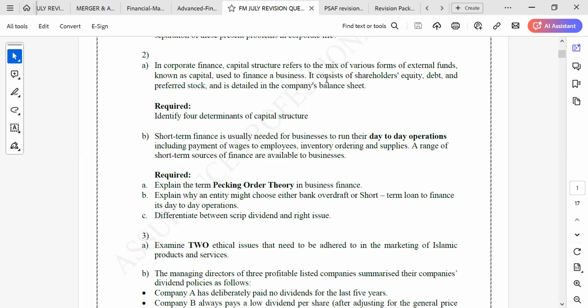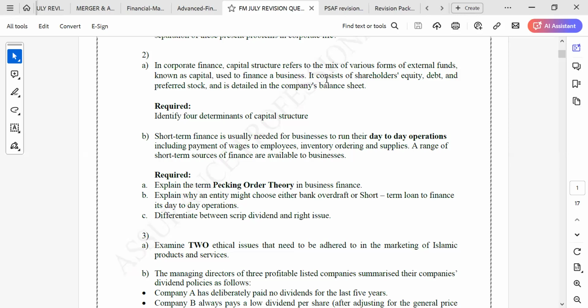The bank overdraft will have an effect on the company's operations, but they can also choose it because maybe they don't want the interest to accumulate for a longer period of time.